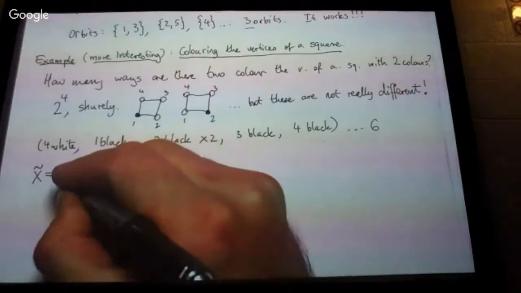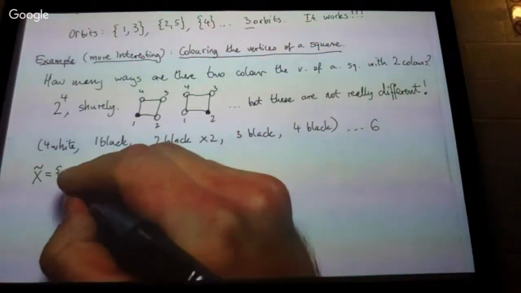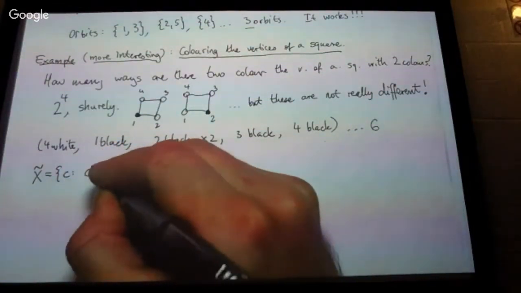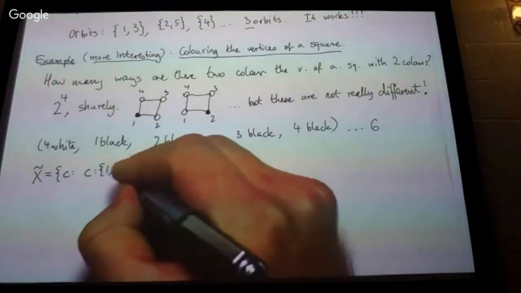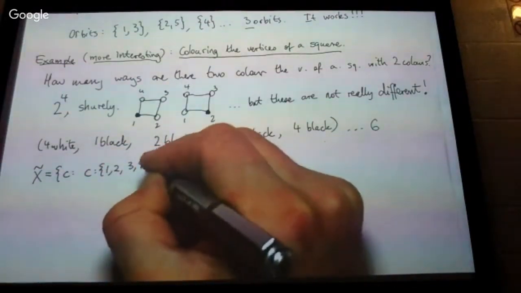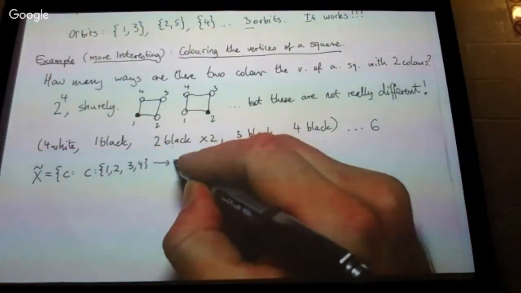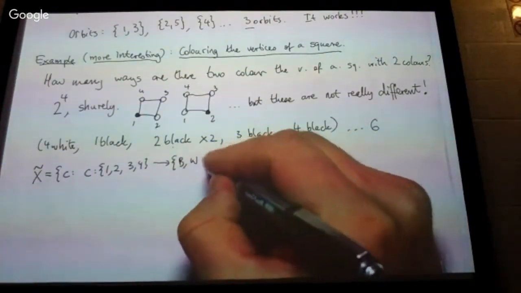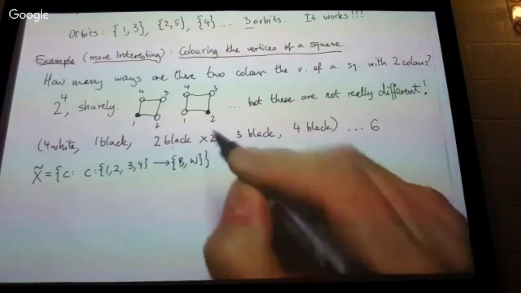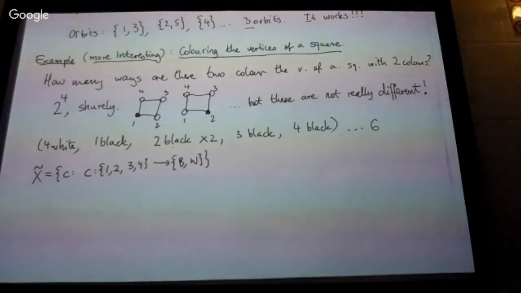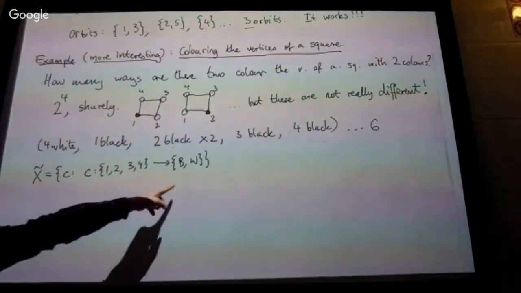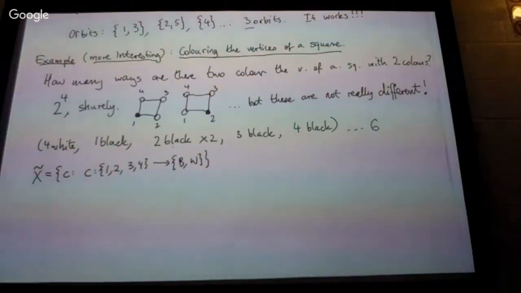We're looking at all colorings, C. So C is from 1, 2, 3, 4 going to black and white. So we're looking at all maps that map vertices of the square to black and white. It's a coloring.